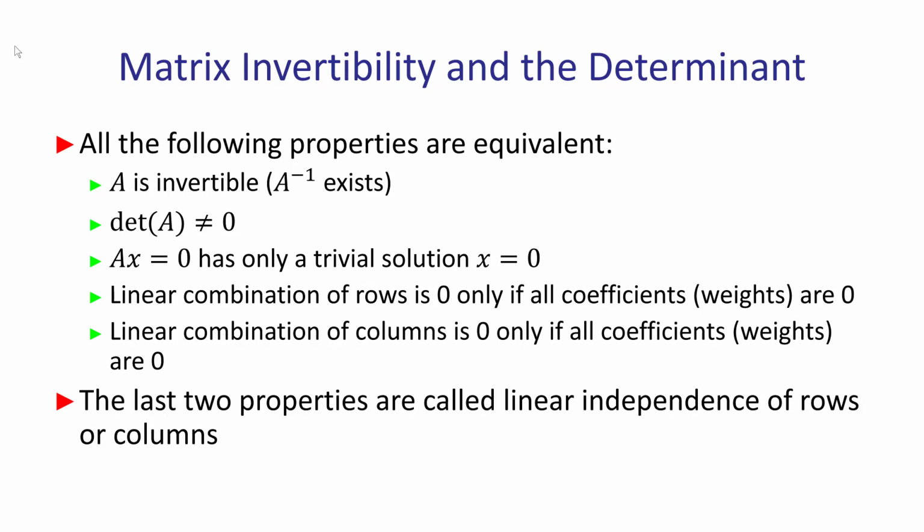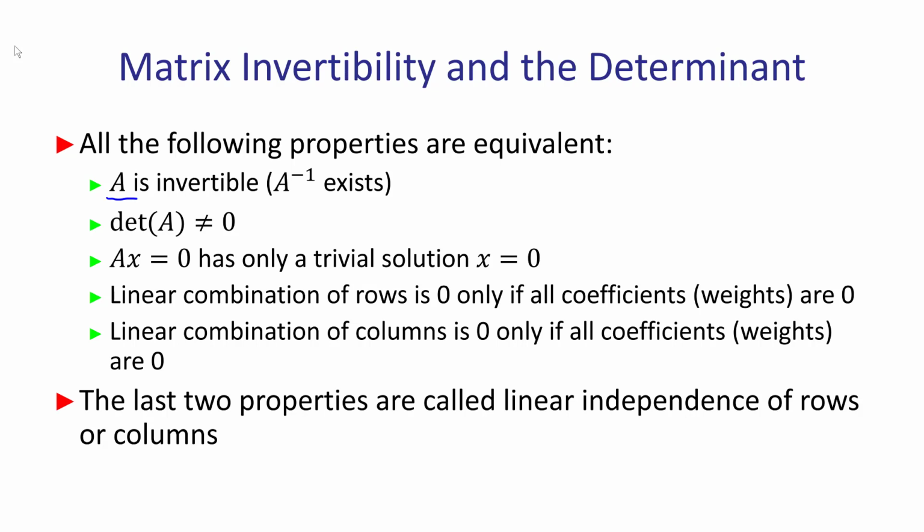There is one more important property of the determinant, which is related to invertibility of a specific matrix A. So we will start with the following properties of invertible matrices A. All of those properties are equivalent, which means between any one of them you can put if and only if.